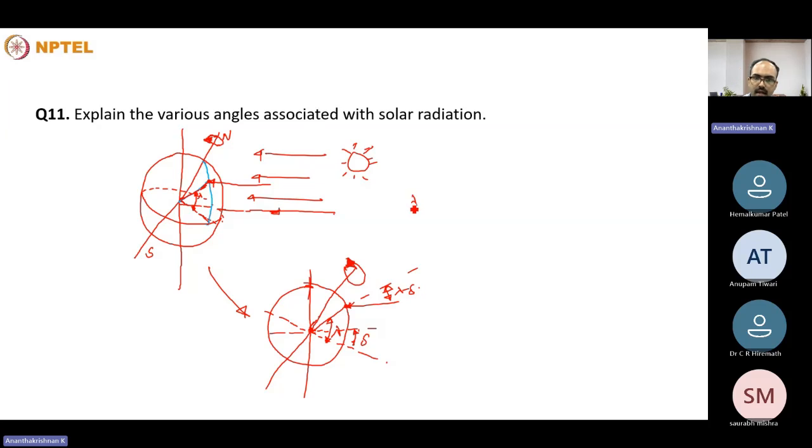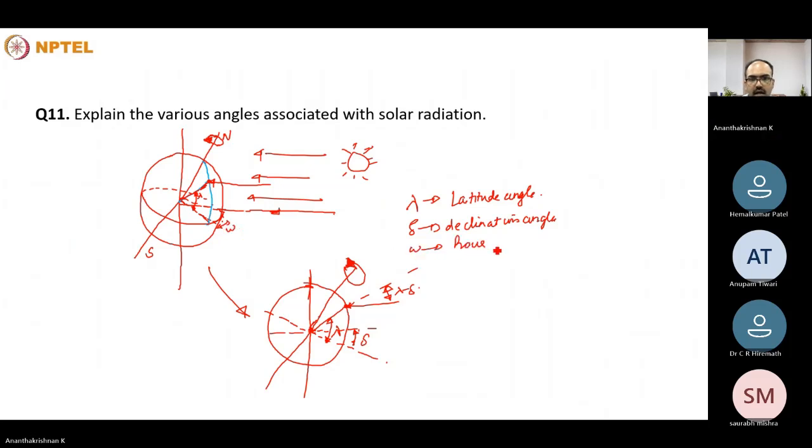So lambda is called the latitude angle. Delta is called the declination angle. And in this one, there is another angle called the hour angle. Omega is called the hour angle.